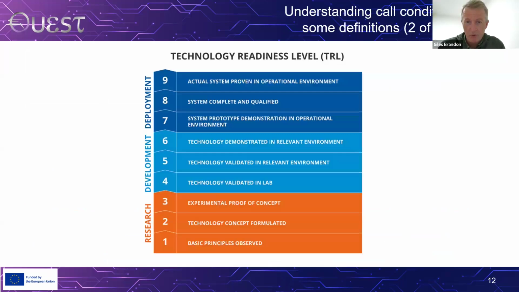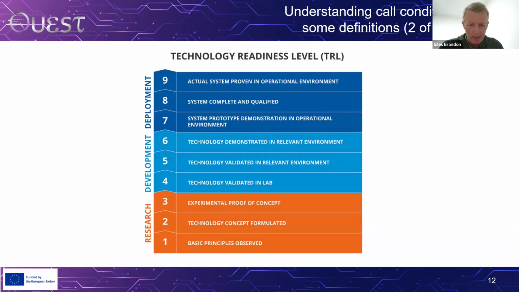Let me move on and talk a little bit about this thing called technology readiness levels. So in this slide, you see this column with 9 different levels. In essence, this categorization allows the Commission, researchers, and companies to talk about what stage a technology is in terms of its development.